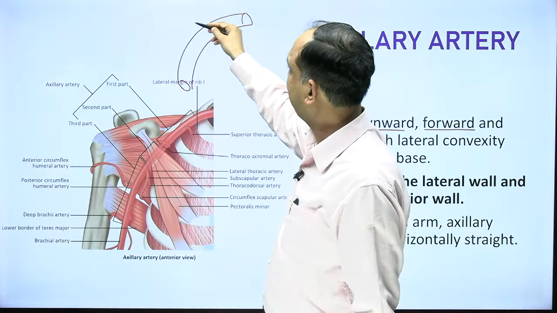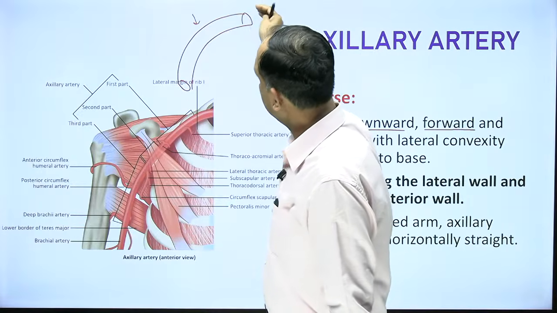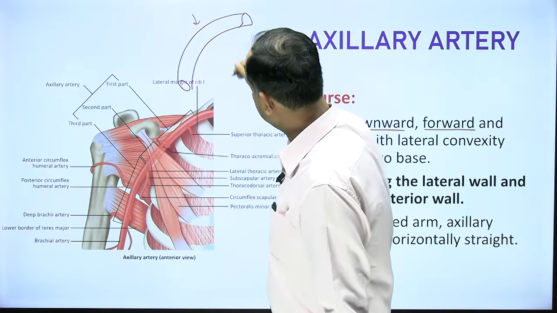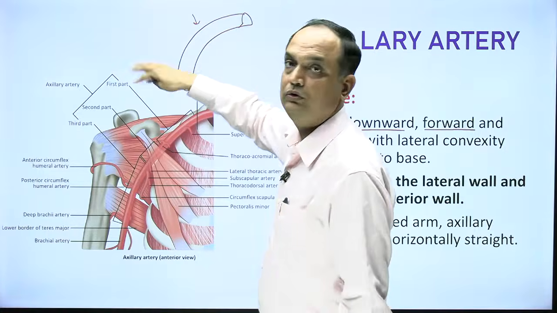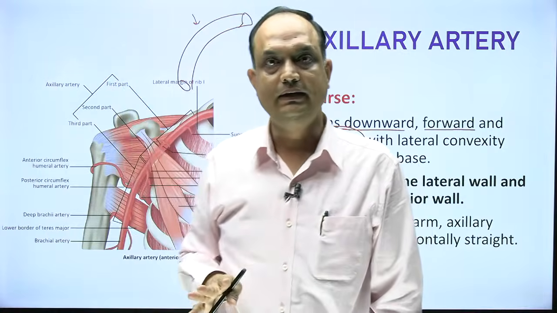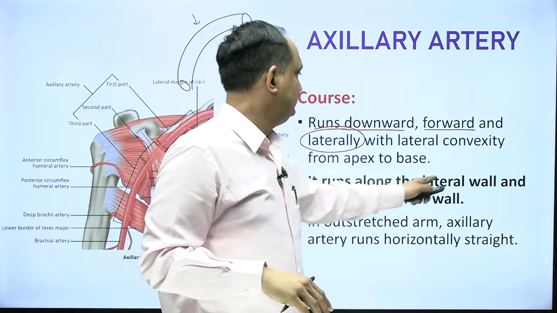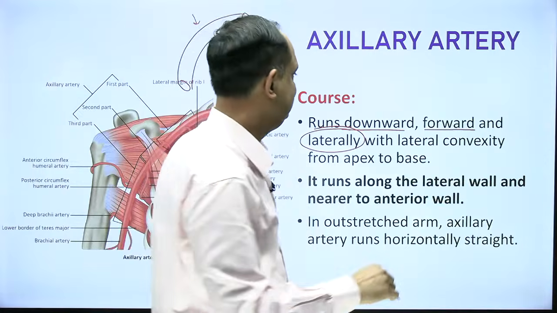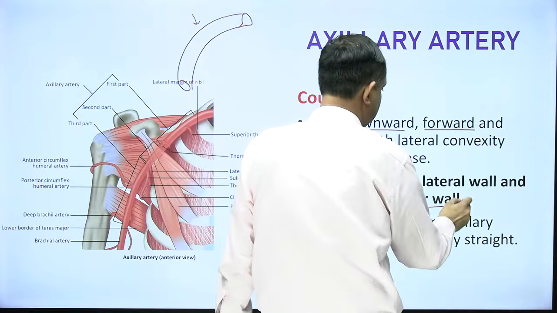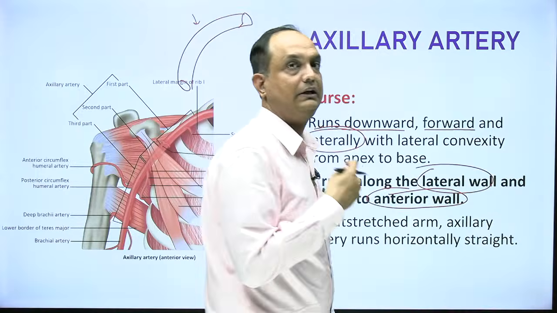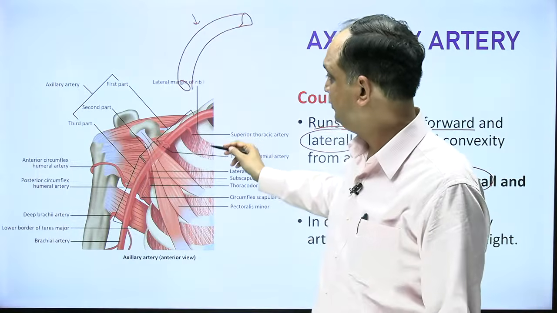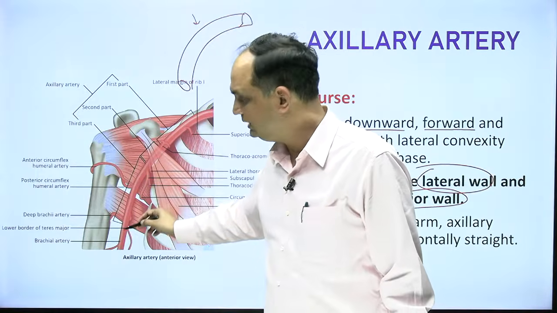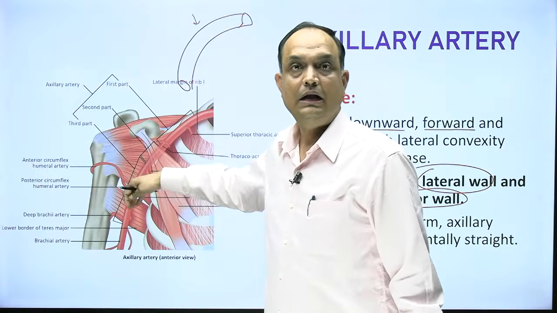Now this convexity appears because the artery is not going along the chest wall, it is taking a course laterally, going away. It runs along the lateral wall and near the anterior wall. So this is the important thing, that once the artery comes out, it leaves the chest wall and comes onto your upper limb.